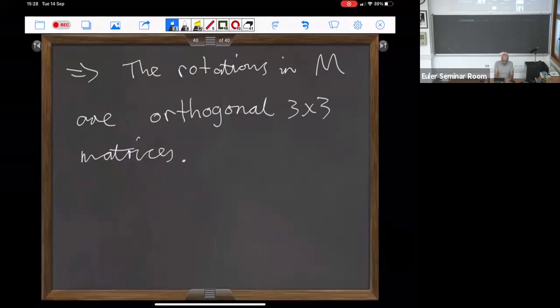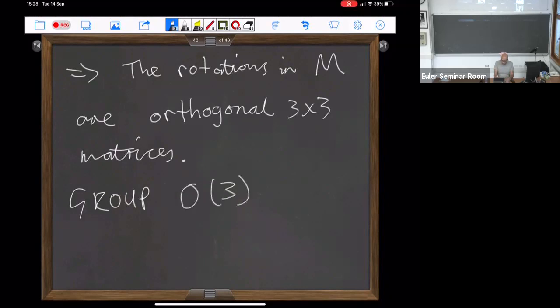Even though I haven't defined a group, we will next time, tomorrow, we'll pick this up. This forms an actual group called O3, the orthogonal group in 3 dimensions. Physically, these are simply rotations in space, the usual spatial rotations that you will have seen in quantum mechanics courses and other courses previously.